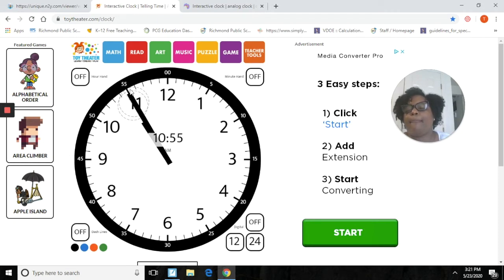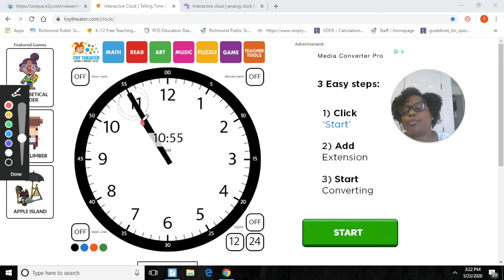Now, it may look like that our hand is pointing on that 11, but it's not quite there. And let me prove it to you. You see how the hour hand is right on the side of the 11? It's not on the 11. It's over on the side, so it's not quite there. So it's still the 10 o'clock hour.